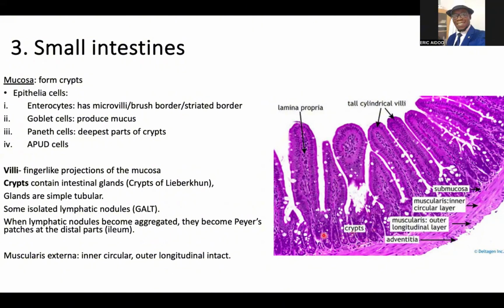So you find crypts again at the bottom, then the submucosa. This is quite thin in terms of its width. The submucosa is quite small. Muscularis, you have the inner circular and then outer longitudinal. So the muscularis externa, then they have adventitia.